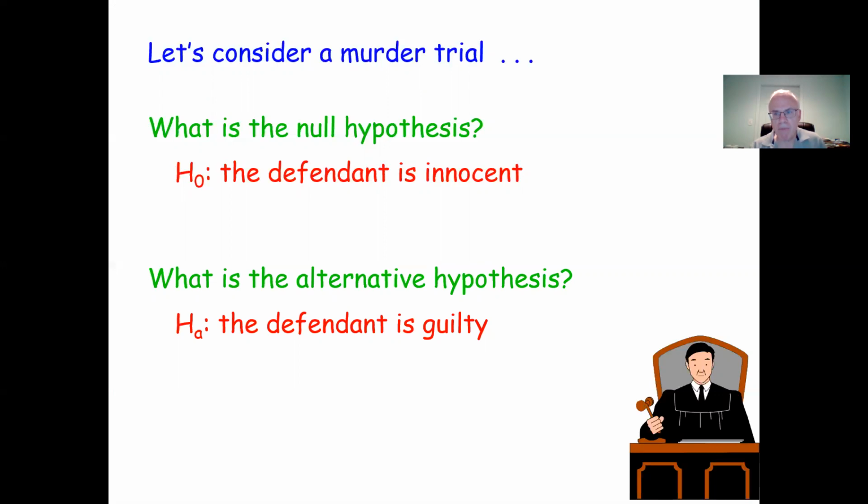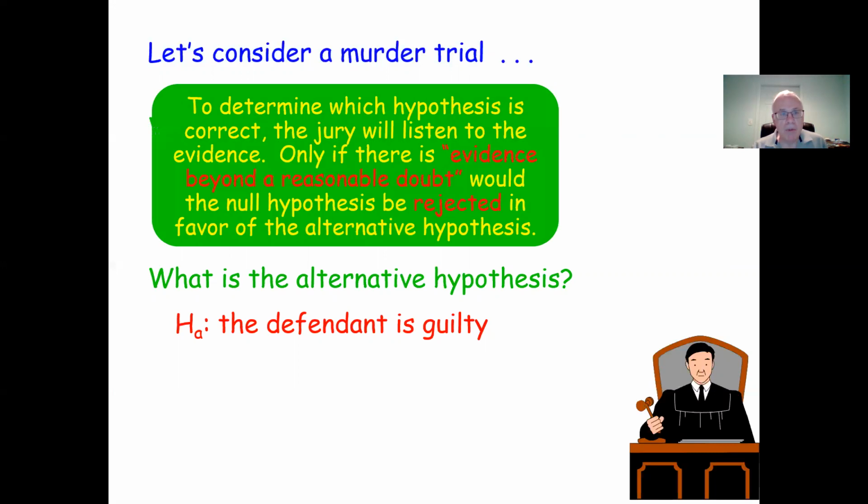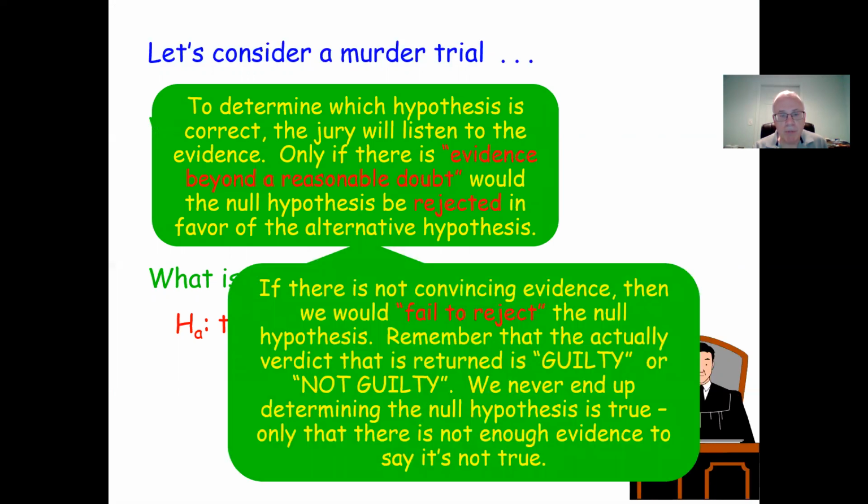Enough evidence is gathered to say that it doesn't look like the defendant is innocent, the defendant is guilty. To determine this, the jury will listen to the evidence. Only if there's evidence beyond a reasonable doubt would the null hypothesis be rejected in favor of the alternative hypothesis.